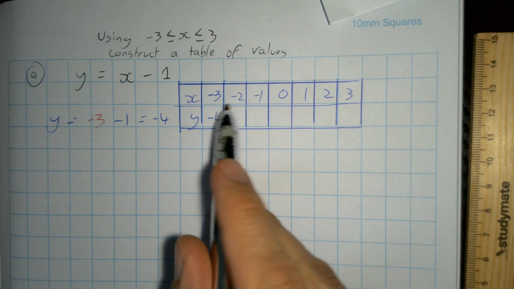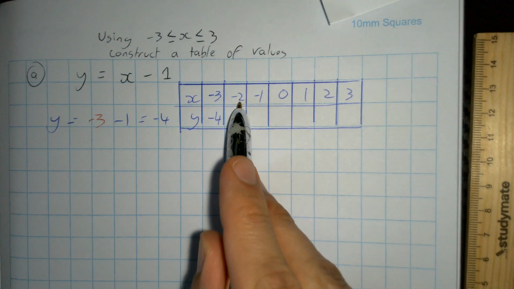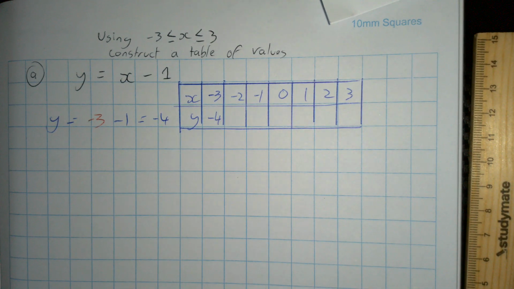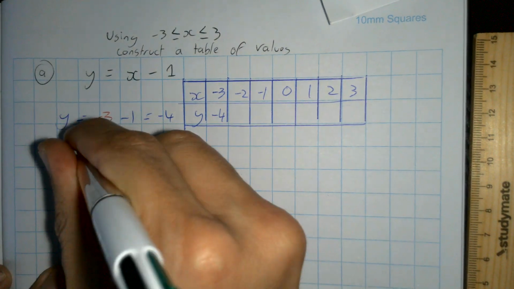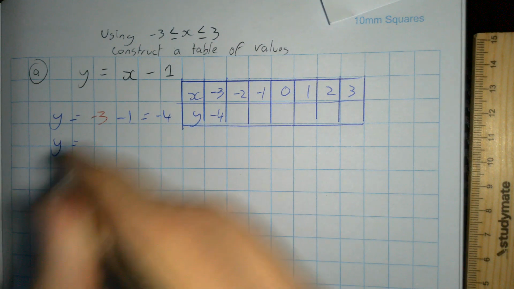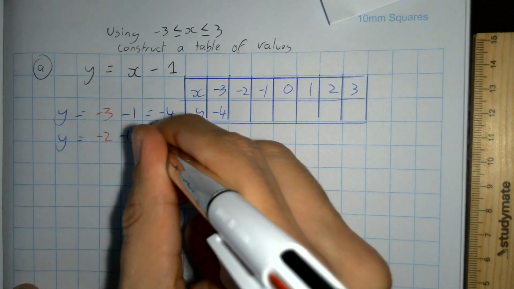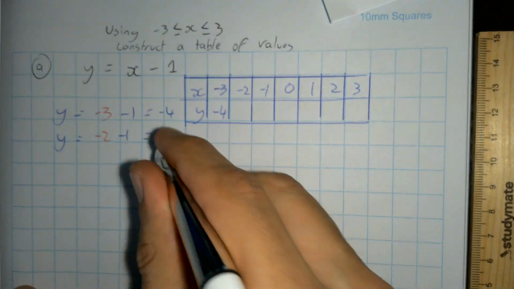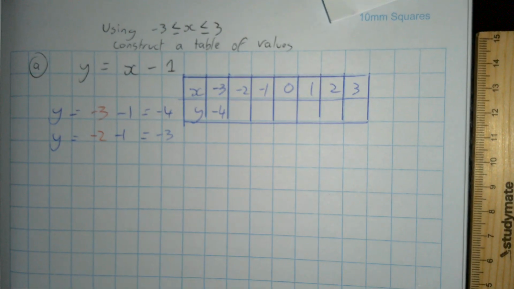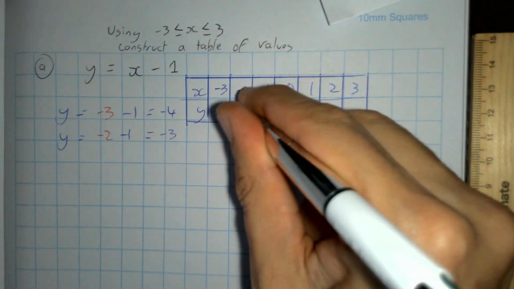Now I've got to do the same, but for the next number, minus 2. y equals -2 - 1 equals minus 3. And then I'll put that answer down.